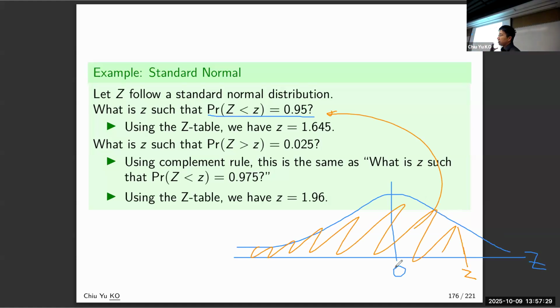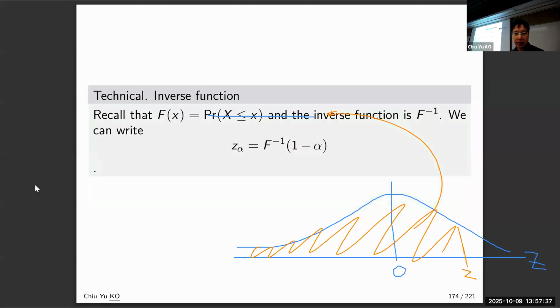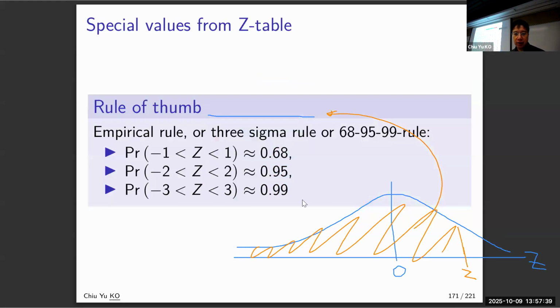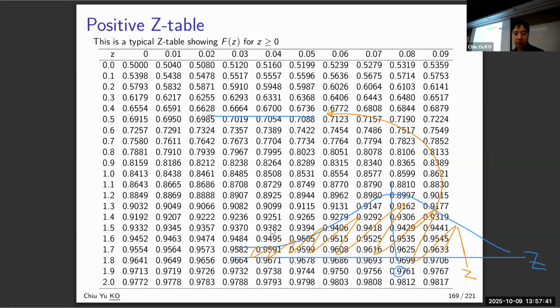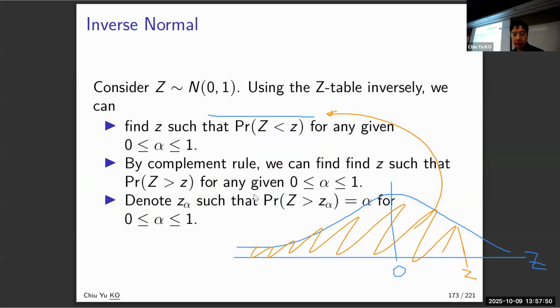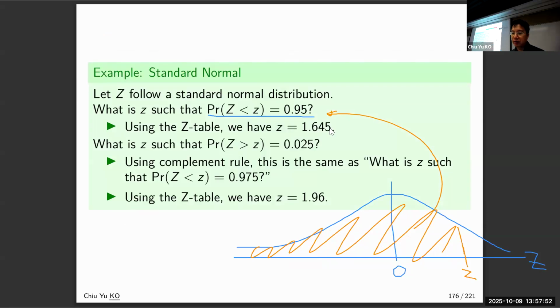It's very simple. You just look at the entry in the table which is closest to 0.95, then you're done. If you look again here, it will be between these two numbers, 0.9495 and 0.9505. So this gives you the result, 1.64.